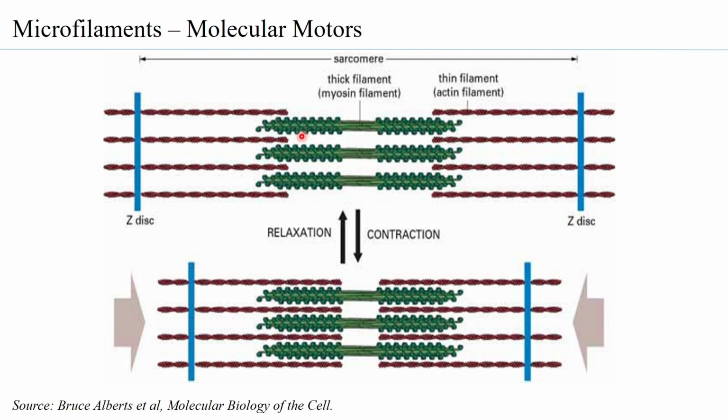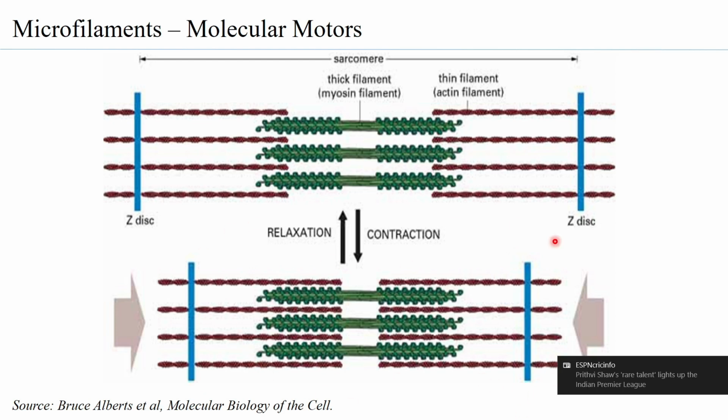So when you have the power stroke happening, you will see that all the myosin heads will bind to the actin, and the actin will be pushed in. So therefore, you will find that the movement of this actin is towards this actin, and therefore you would basically have the two Z discs coming closer to each other.